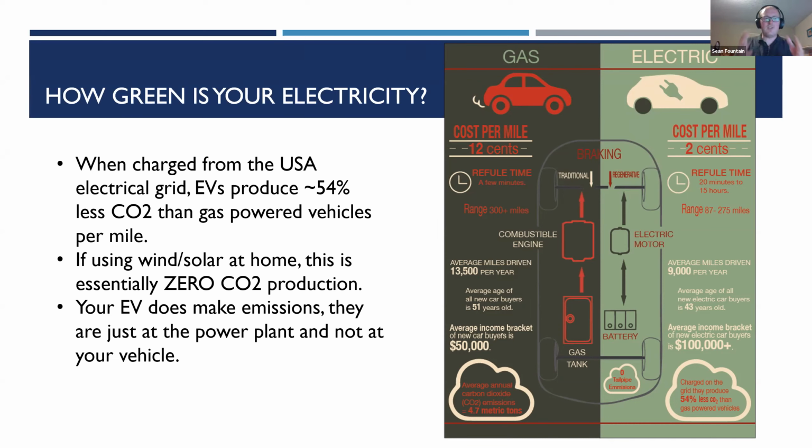But in terms of CO2 production, comparing to gasoline, which is also sometimes produced with the same environmental damage by obtaining petroleum, the natural gas is much cleaner than coal. But this number here of 54% cleaner in terms of CO2 than gas vehicles per mile is based off of the overall US grid. So that's a largely coal powered electric car.